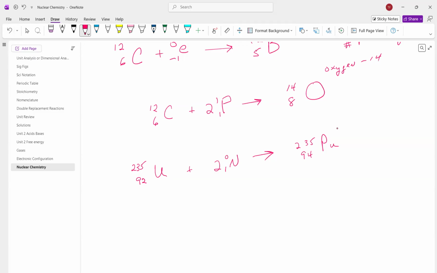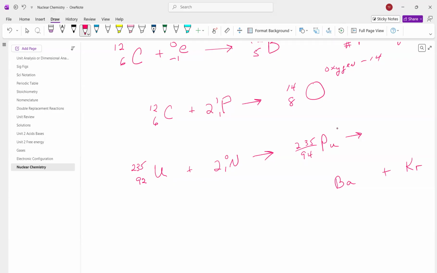However, that's extremely unstable, so that automatically breaks up to barium and krypton. And the sum of the protons and neutrons in each one of these has to be 235.